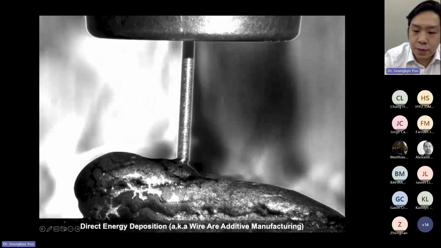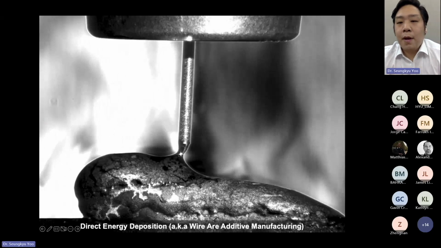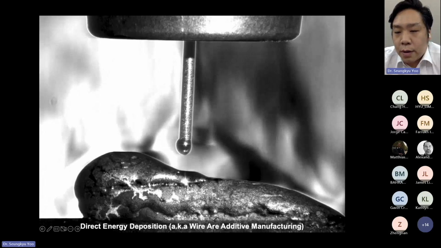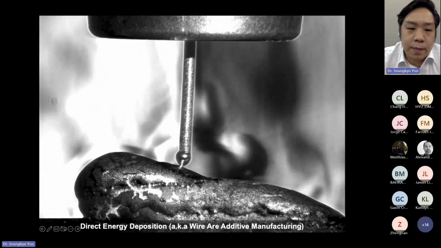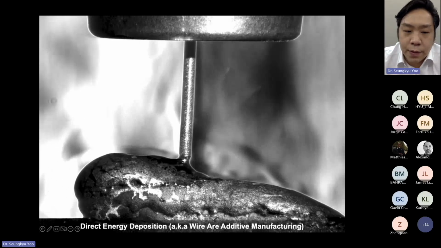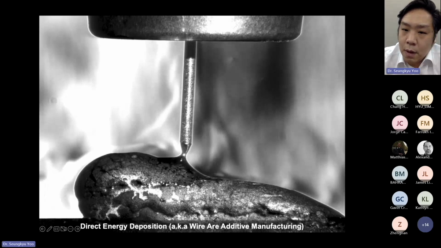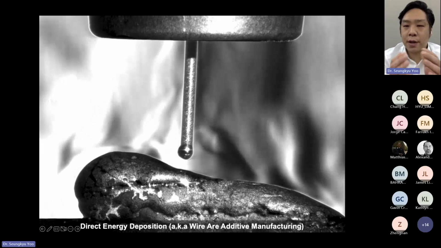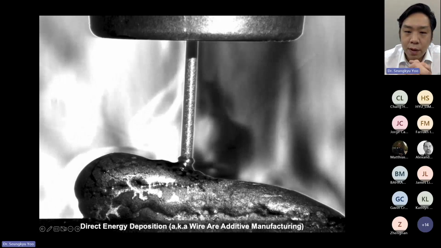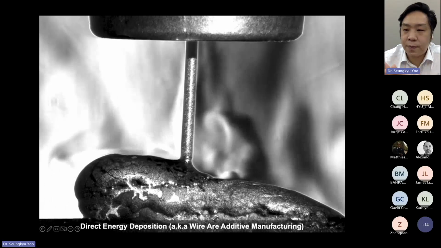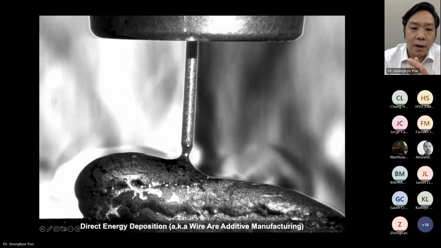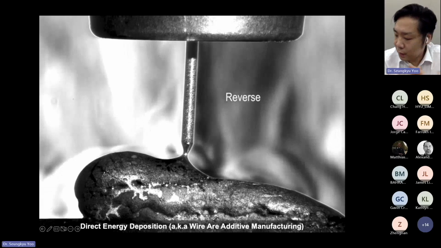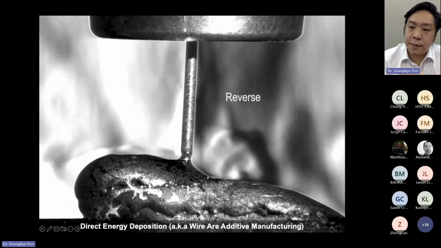And lastly, I reviewed wire arc additive manufacturing using the cold metal transfer welding process. It could also produce larger sized nodes, but the surface is very rough. It can be machined by inspection.